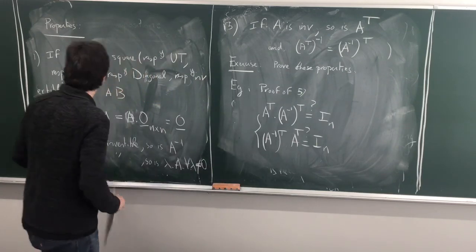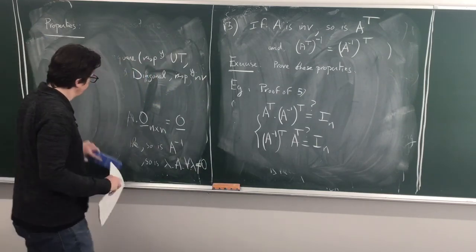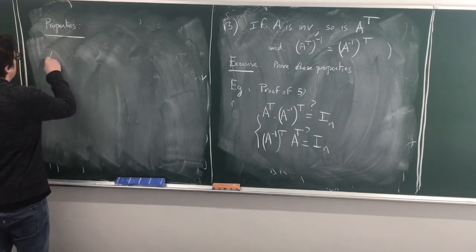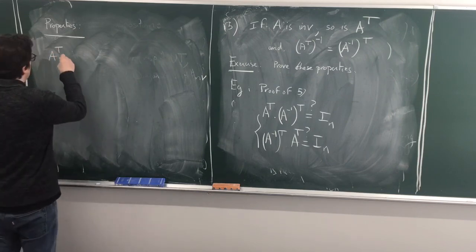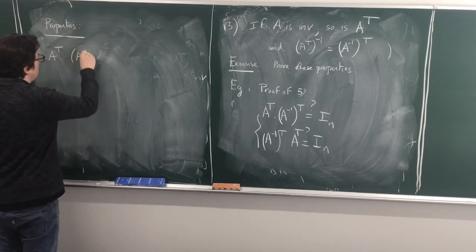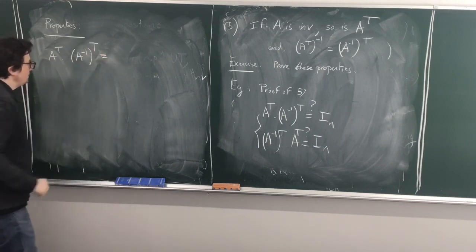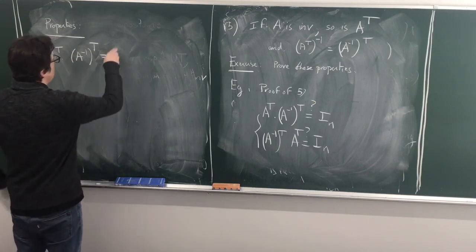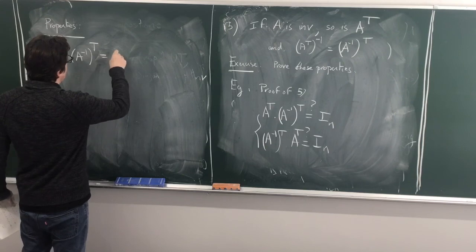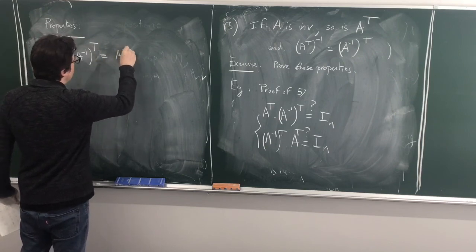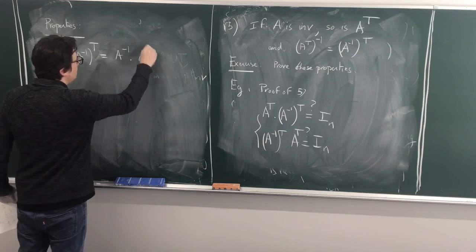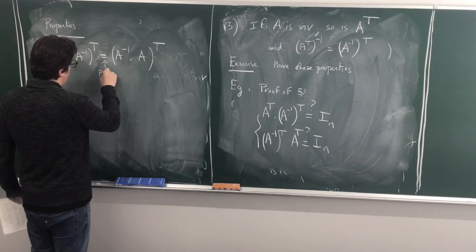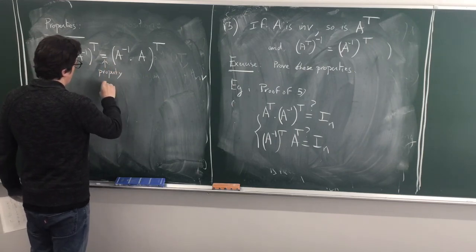How do we do that? Well, we use the properties of the transpose. We know the transpose of a product like this: you have to reverse the order. So this will be equal, in fact, to (A^(-1) times A) transpose, by the property of transpose.